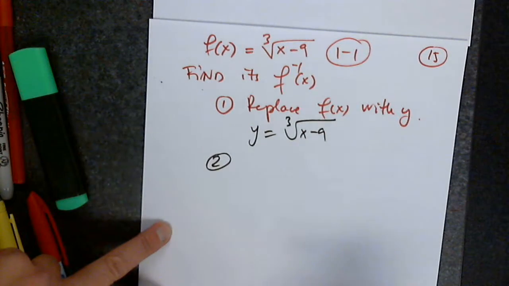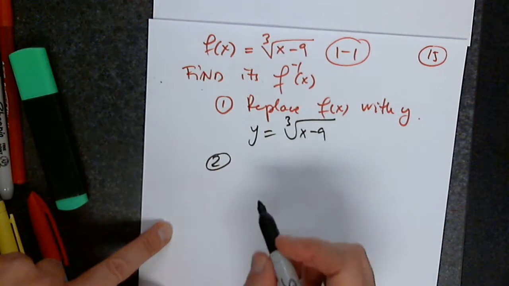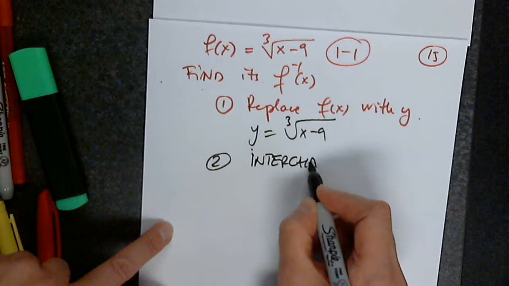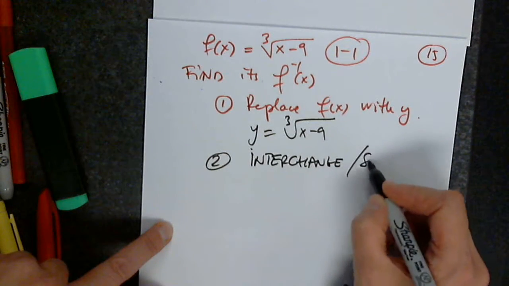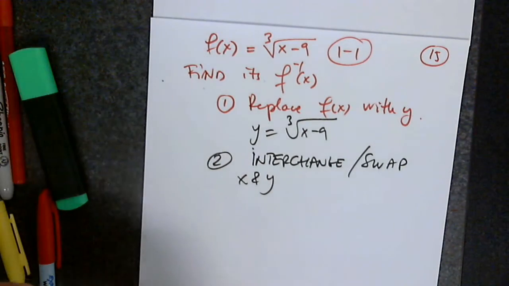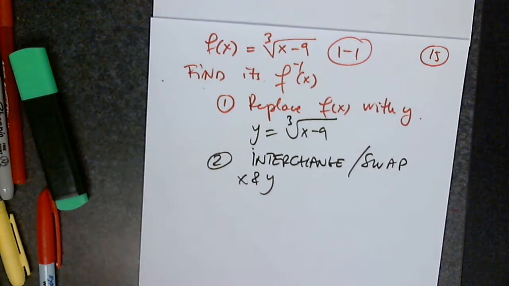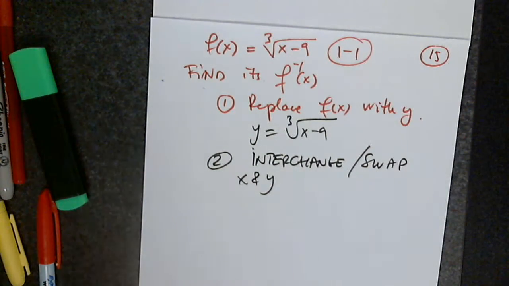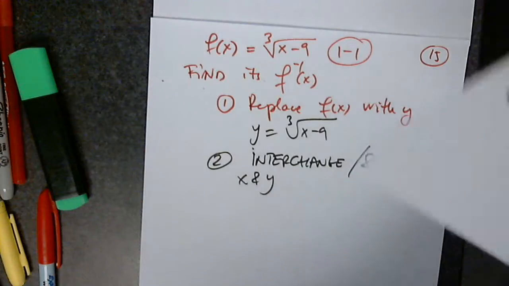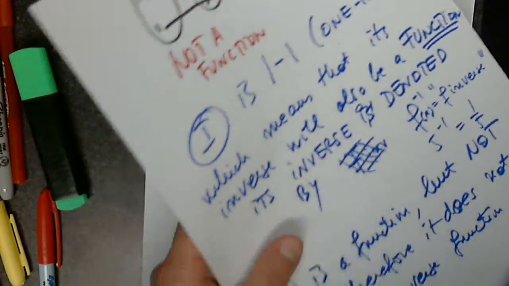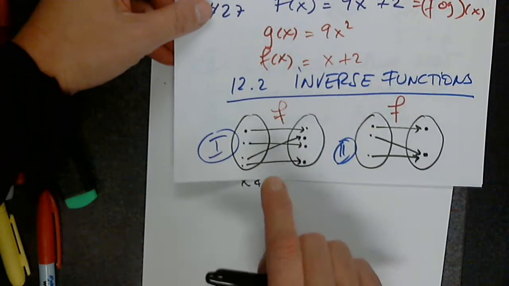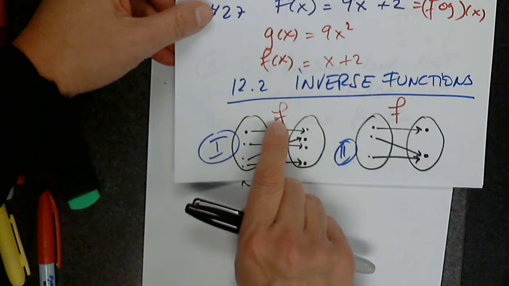Excellent. In step 2, I'm going to interchange or swap x and y. Wait a minute. How can I do that? What allows me to replace x with y and y with x? Here's what allows me to. Coming back to our graph, to our bubble here. This is x for f.